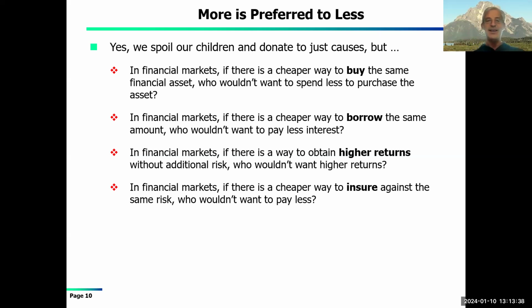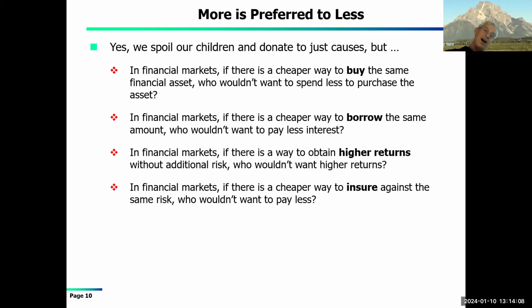In financial markets, if there's a way to obtain higher returns without additional risk, who wouldn't want higher returns? And in financial markets, if there's a cheaper way to insure against the risk, who wouldn't want to pay less insurance? These, as I said, one could come up with examples and anecdotes of how these don't work out, but in general, this proposition isn't particularly controversial.